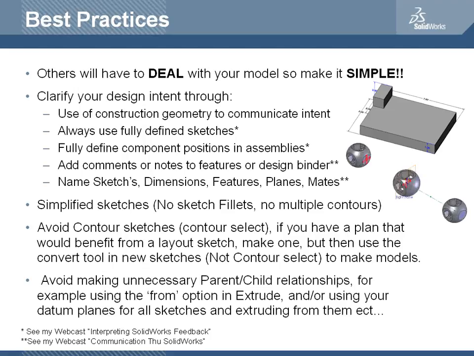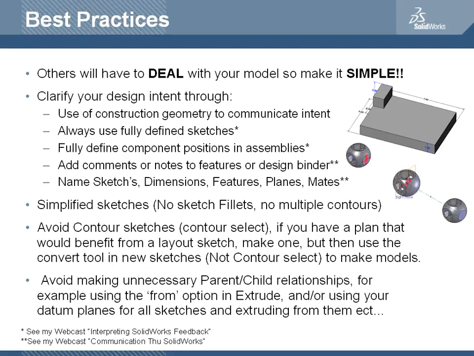The other thing I want to describe here is you want to clarify your design intent. What I mean by that is you want to use construction geometry when necessary, especially if it'll make things make sense right away. You'll always want to use fully defined sketches. That's another topic that I covered in one of the webcasts, Interpreting SOLIDWORKS Feedback, available in the archives.